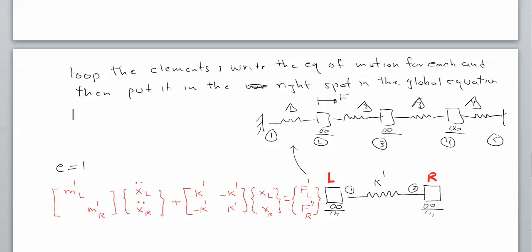This is to emphasize that this left force and the right force that I'm talking about are from element 1. So if I wanted to add these things here, that'll be FL1. Obviously, this is XL. And this is FR1. And here is your XR. Okay?